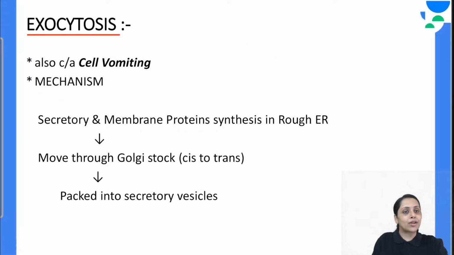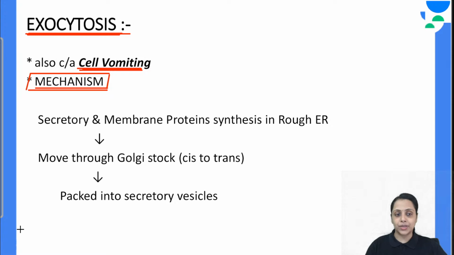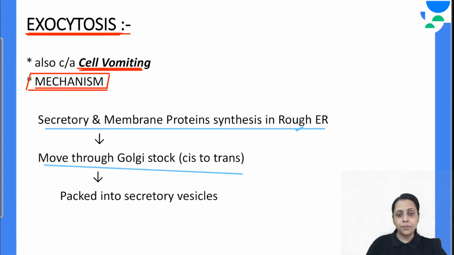Next is exocytosis. In exocytosis, substances are removed from the cell, so it is also known as cellular vomiting. Now coming to the mechanism, how exocytosis occurs. We all know protein synthesis occurs in the rough endoplasmic reticulum. From there it goes to the Golgi apparatus for modification of protein.